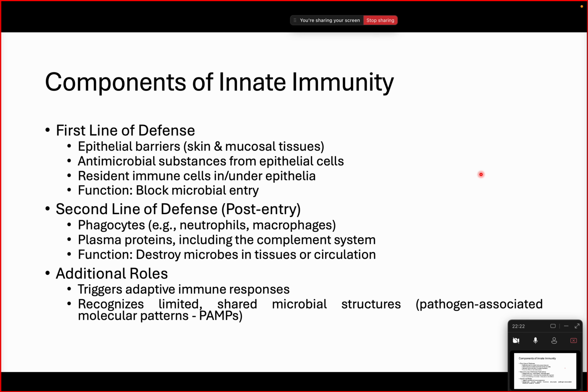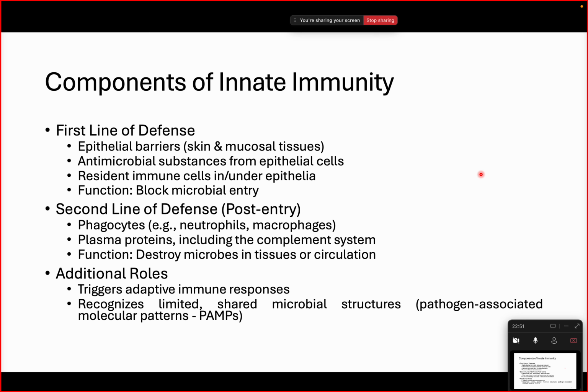Then, a few additional roles: it triggers the adaptive immune response, right? What it means is that to have an organized and controlled immune response, the innate immunity should also inform the adaptive immunity. Otherwise, only innate immunity will know that some foreign pathogen has entered.